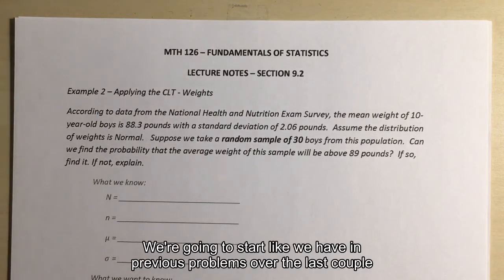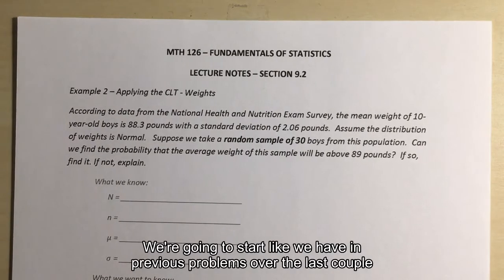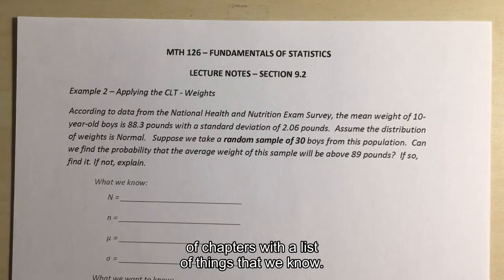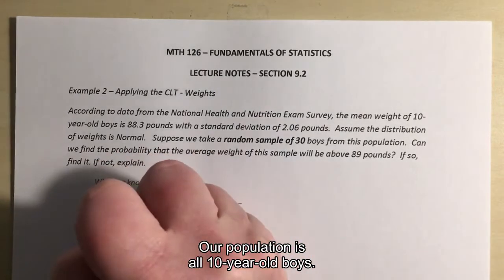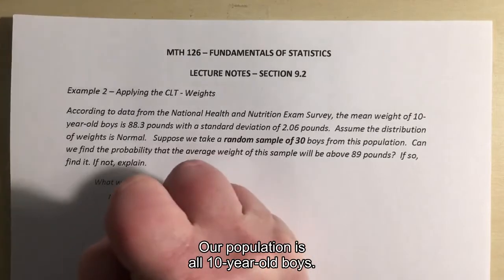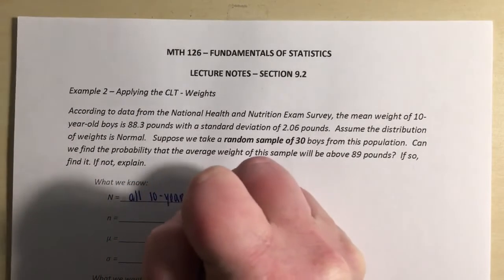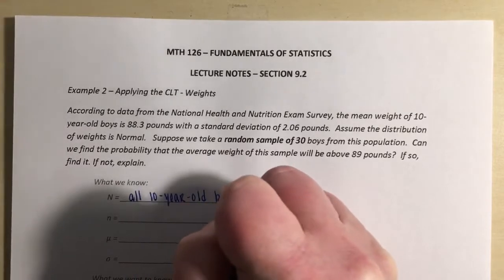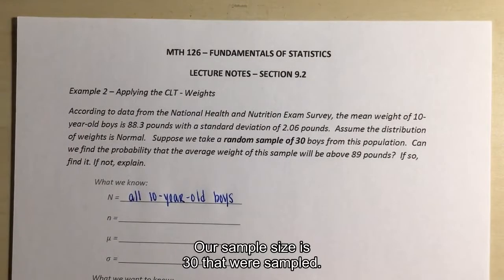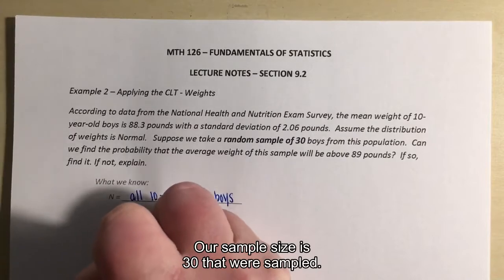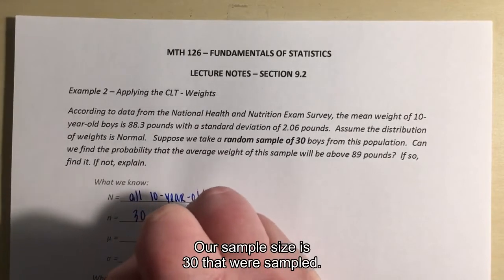Right, so we're going to start, like we have in previous problems over the last couple of chapters, with a list of things that we know. So our population is all 10-year-old boys. Our sample size is 30 that were sampled.